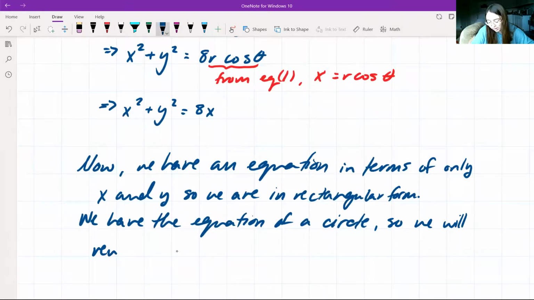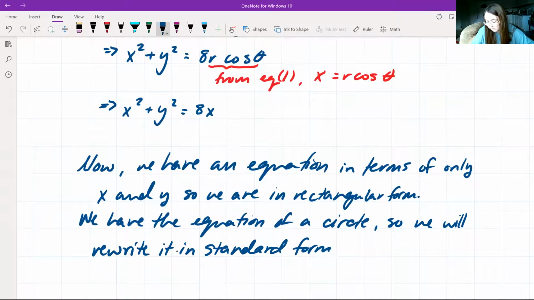So we're just going to rewrite it. In standard form. The answer we got there is in rectangular form. Now we're just simplifying down since we've identified that this is the equation of a circle. So our graph is a circle.